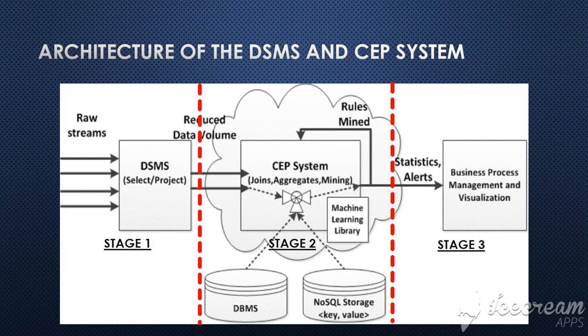Data stream management systems engine parses, optimizes, and executes queries written in declarative languages such as EPL, event processing language in Esper, which is similar to the SQL in terms of semantics and syntax.